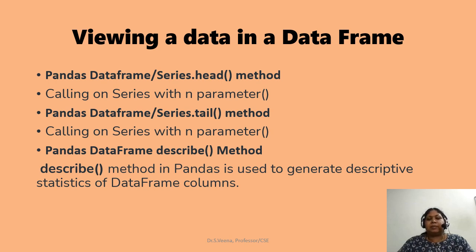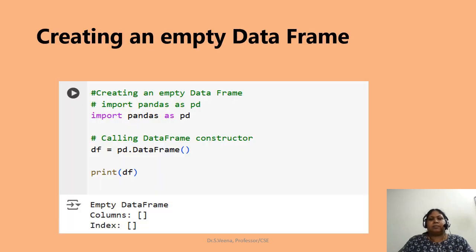And when I say describe, it means I'm going to generate the descriptive statistics of the data frame. So for each and every column, what is the maximum value? What is the minimum value? What is the count of values? What is the 50th percentile, that is the middle value? What is the 25th percentile? What is the 75th percentile? Likewise, I can have the descriptive statistics of each and every column by using this describe method.